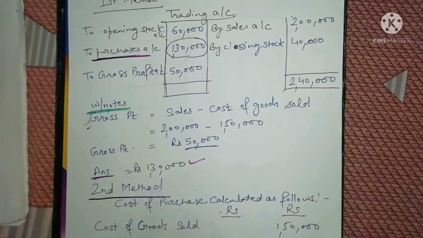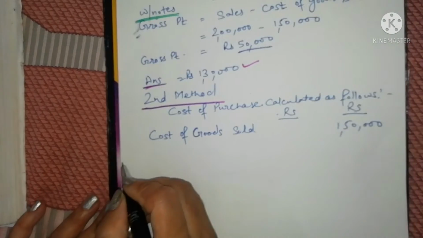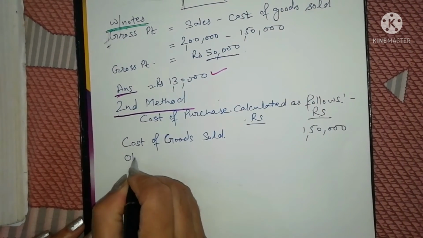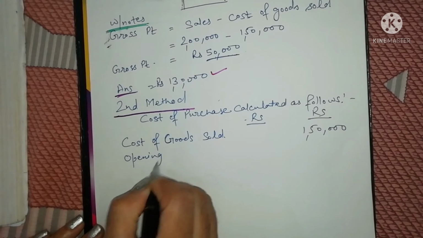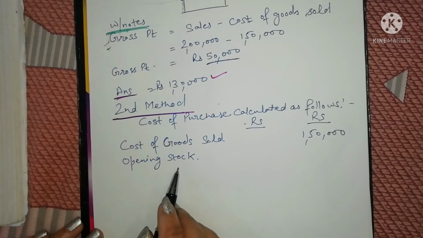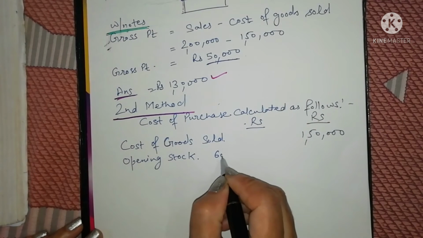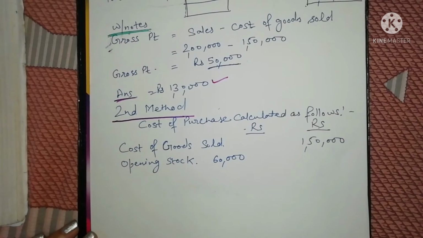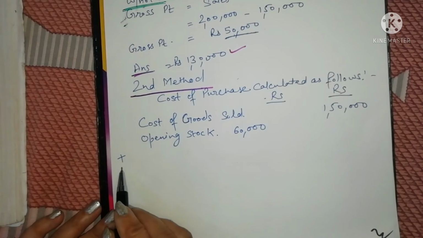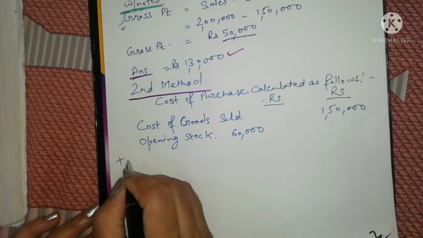To the cost of goods sold, we will add the opening stock figure, which is given in the question. We add these figures, that is 60,000, because opening stock is on the debit side of the trading account.